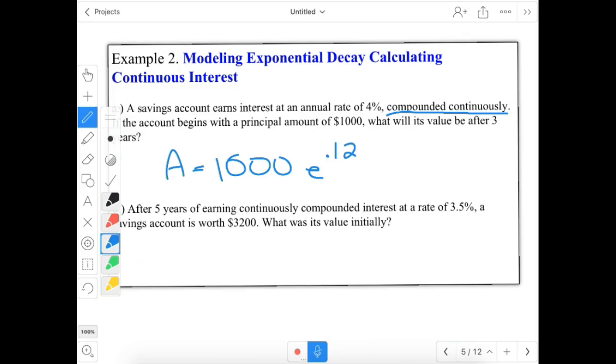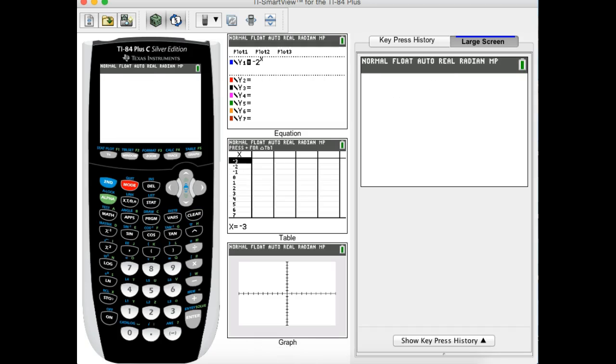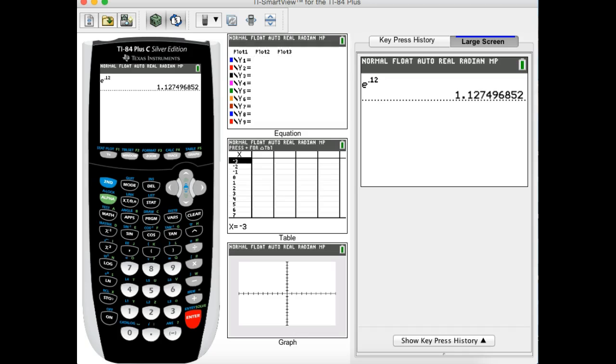So on a calculator, you would do E. Let me show you guys where that would be. If you're looking for E, that's going to be in the second option down here. So E to the 0.12 power, we get 1.127, and we would multiply that by 1,000. So the amount we get is 1,127.